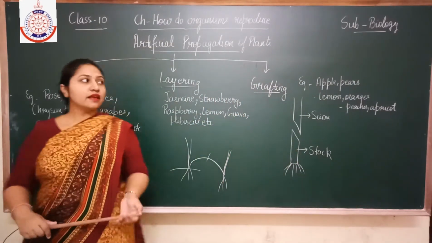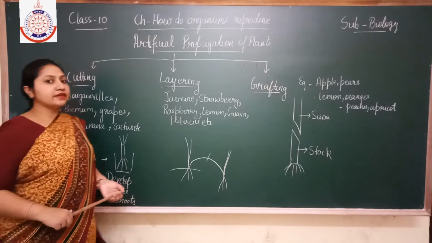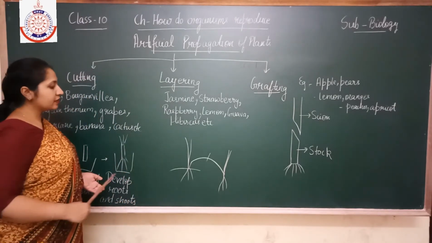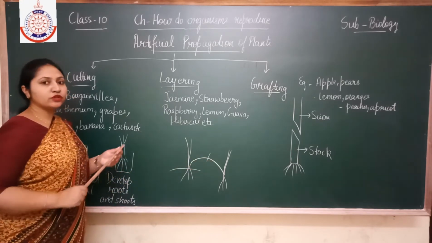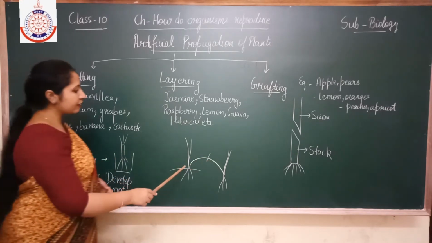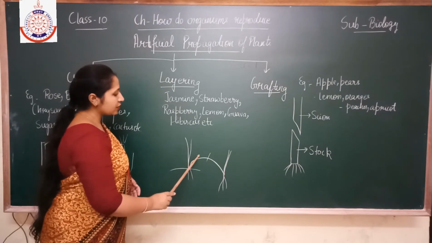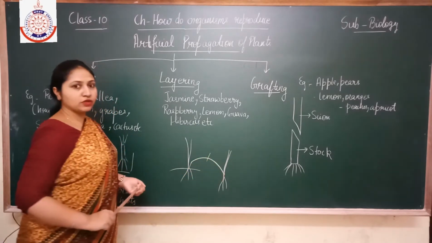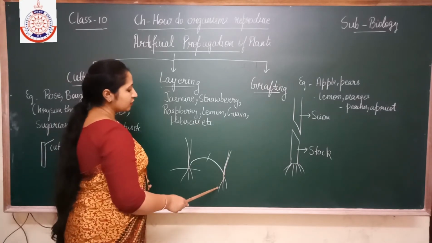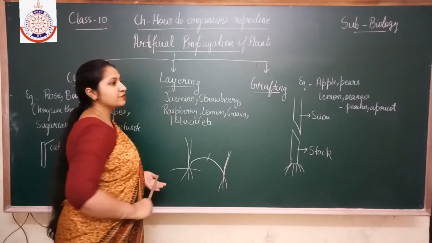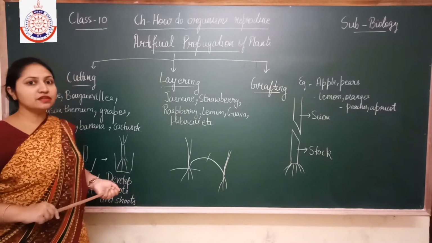Now next is the layering method. In the layering method, suppose a branch of the plant is pulled towards the ground, like here you can see one branch pulled towards the ground. Then it will develop roots and shoots if it is covered by the soil.